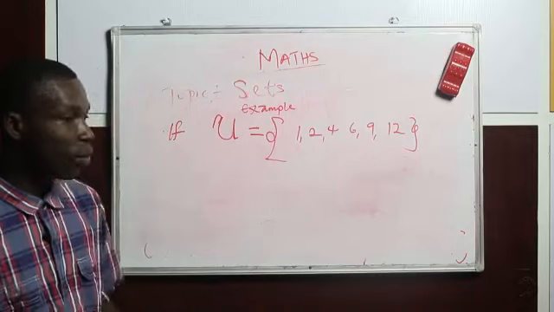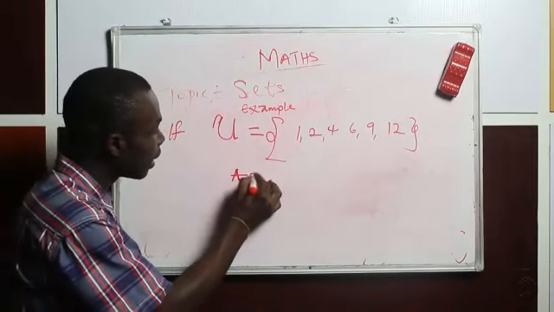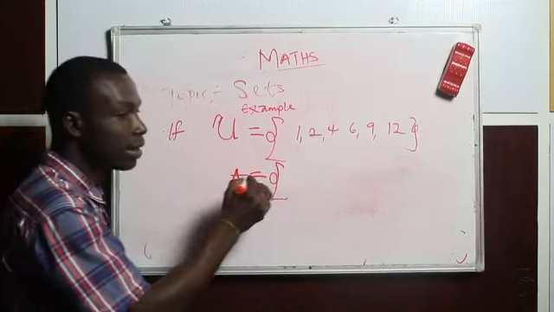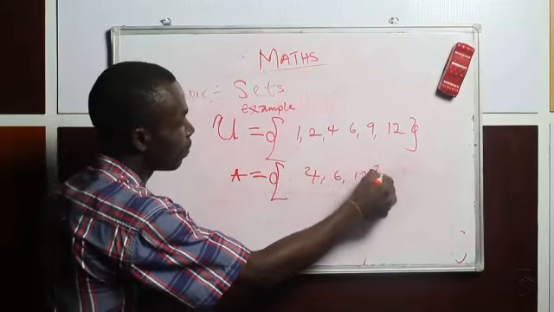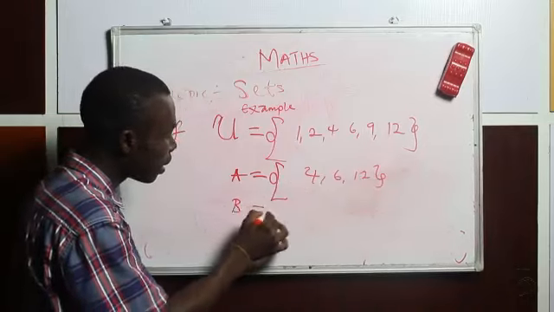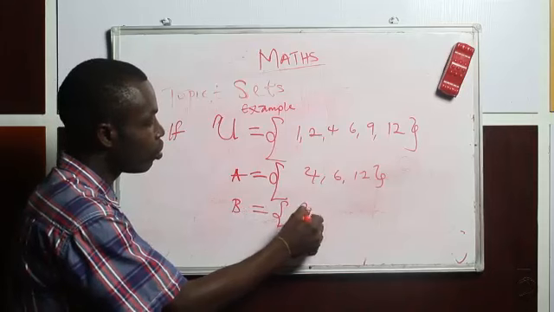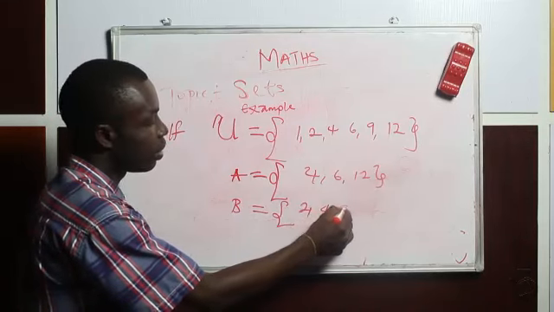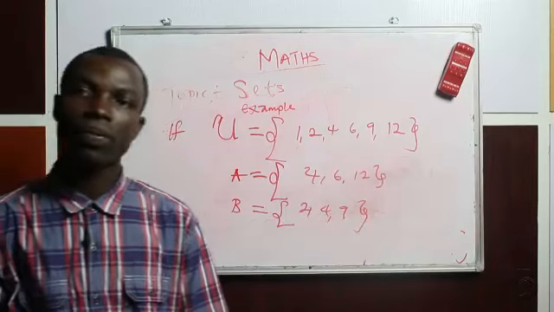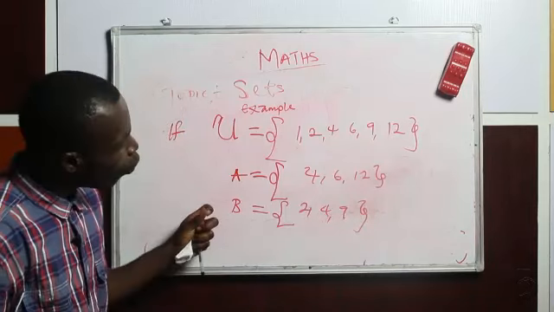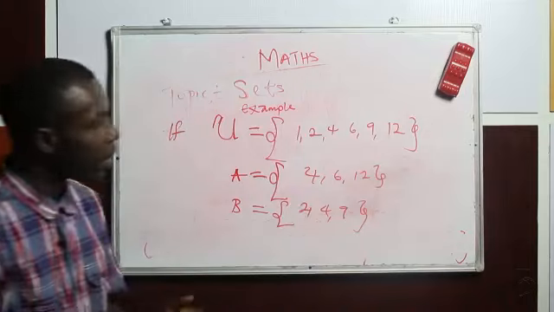The question that follows said, A is a set of 4, 6, 12. B is a set of 2, 4, 9. What is the implication of this A and B?